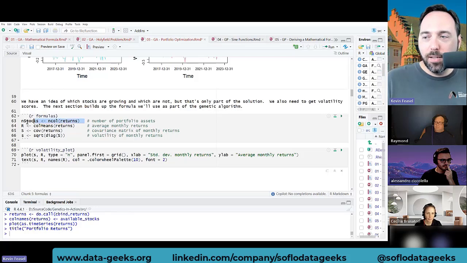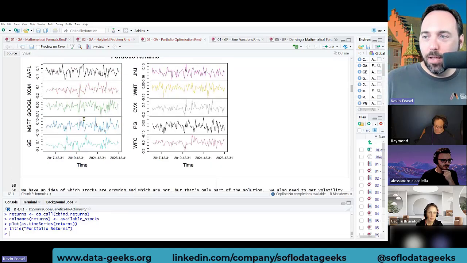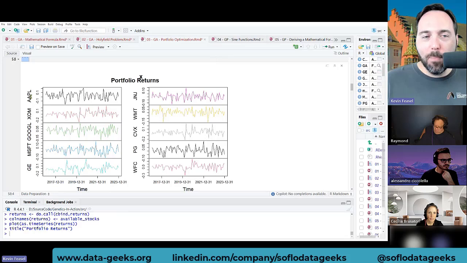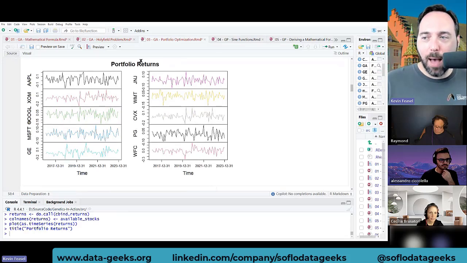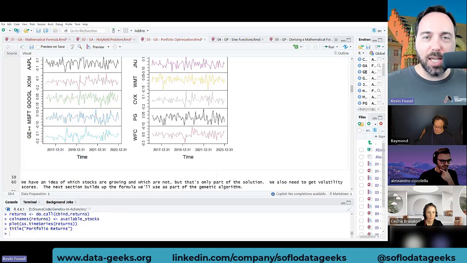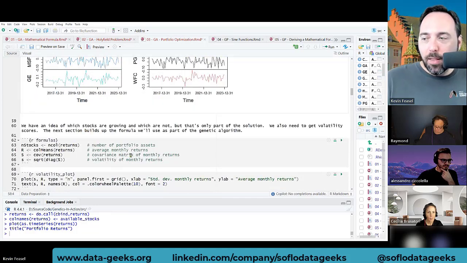Our number of stocks, number of portfolio assets, is the chromosome. We have this many genes. I have 10 possible options. What percentage of my portfolio is going to be Apple? What percentage will be Google? What percentage will be Microsoft? What percentage will be GE? And so on.